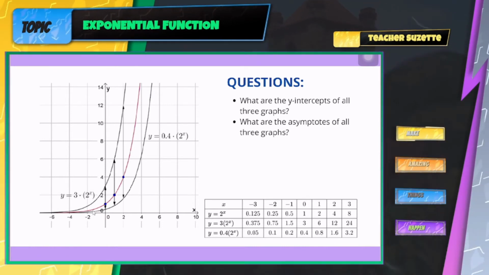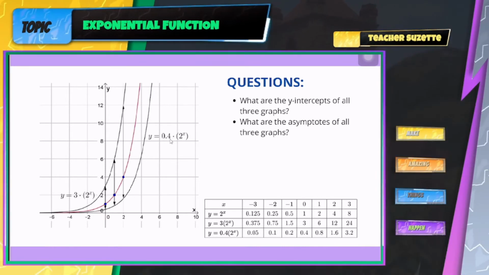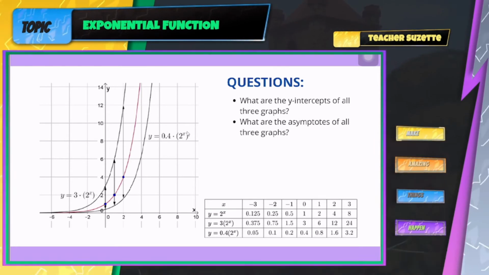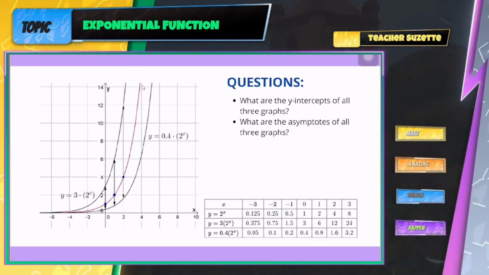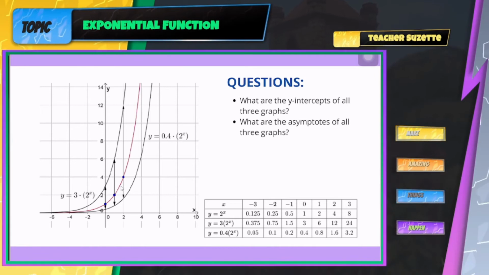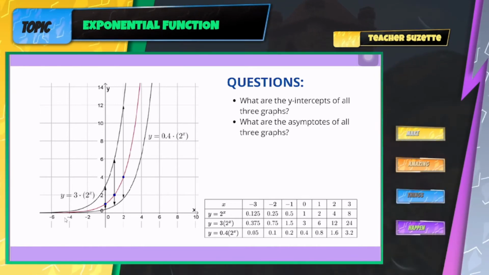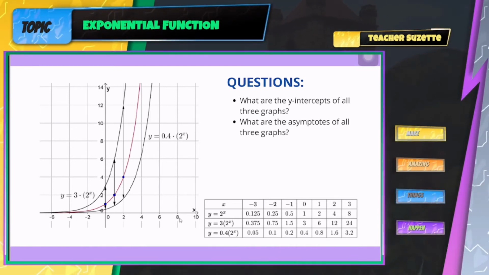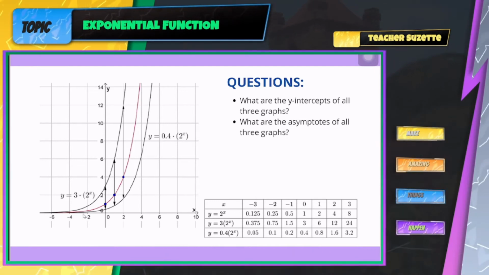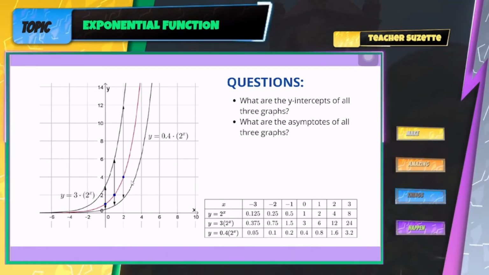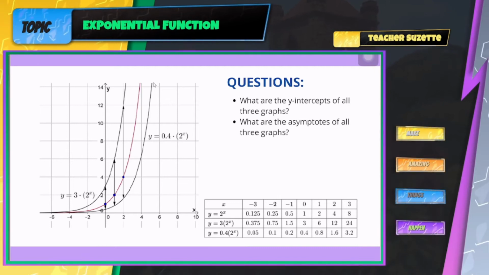While on the other hand, sa ating y is equal to 0.4 times 2 raised to x, with respect to your y is equal to 2 raised to x, mapapansin mo na as your x increases, nagiging iba yung behavior niya sa ating y values.